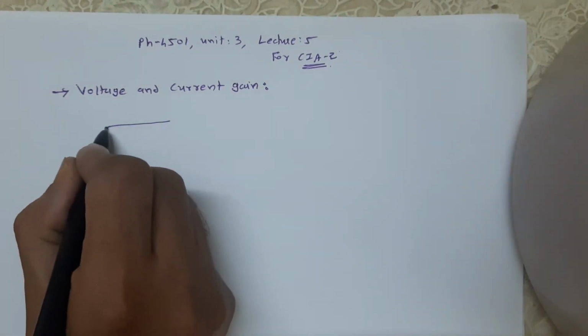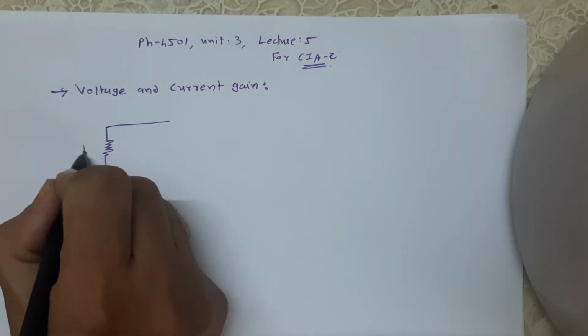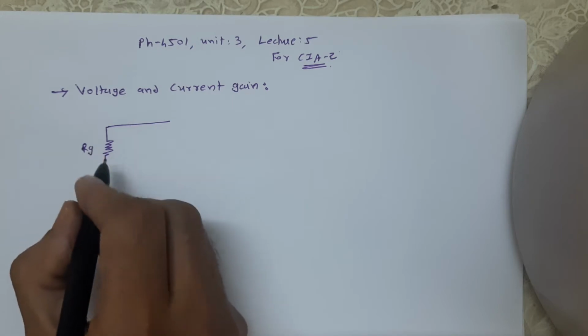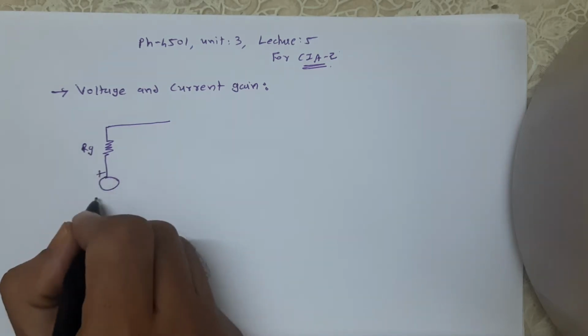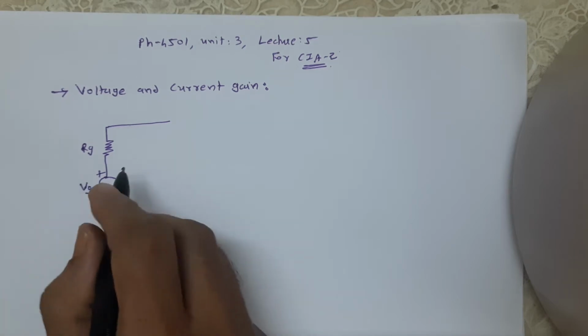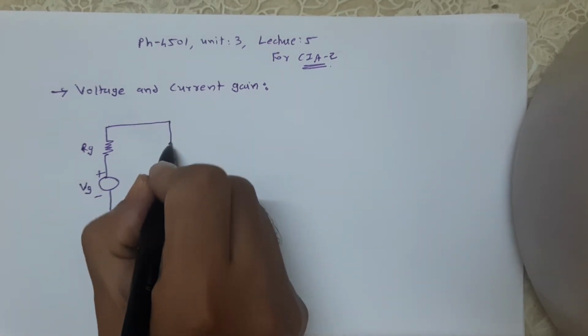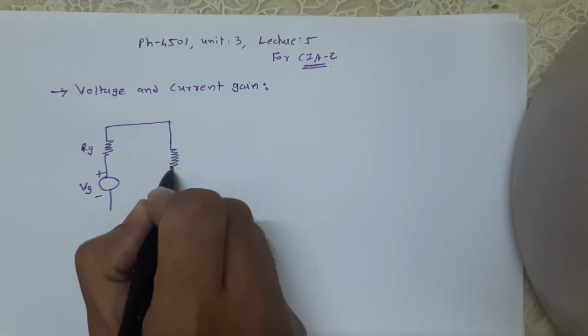This is our RG. RG means resistance of the source. This is our source. Source is known as VG. This is our input resistance RI.